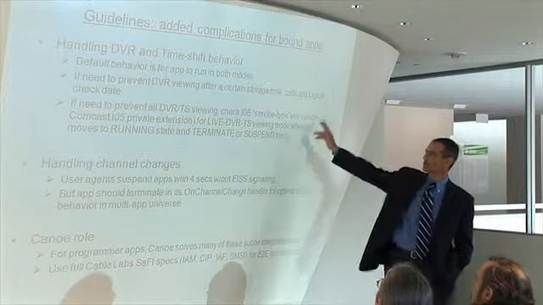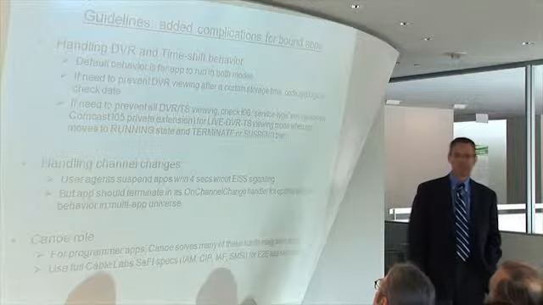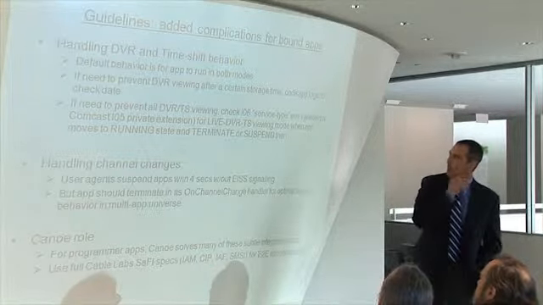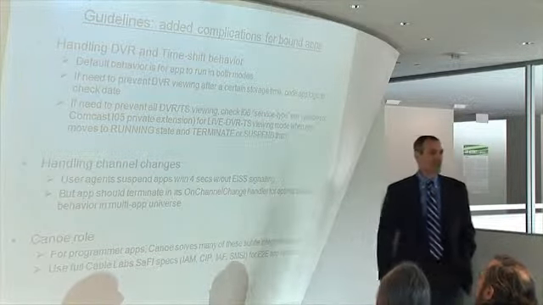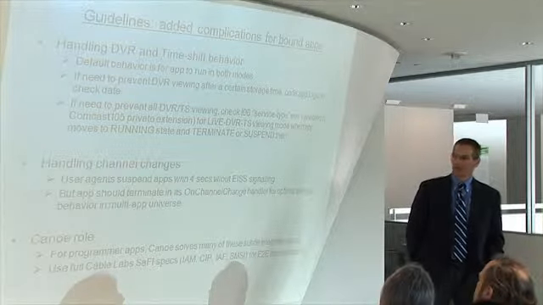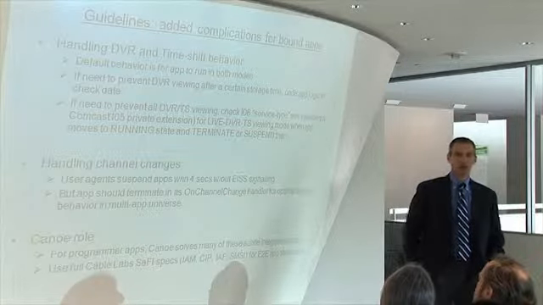If you don't want it to run at all in DVR time-shifted mode, which is some of the development we've done, we've had that business requirement, then the way to do it technically is to look at these environment variables that are in the EBIF spec, depending on what version of the spec the user agent you're running on supports.